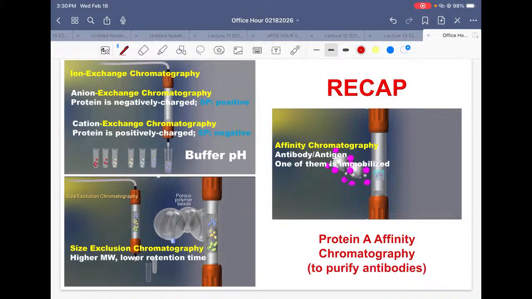The antibody has this Y shape, right? The shape of the antibody. And accidentally someone discovered that this protein A binds to this part of the antibody. So all antibodies have the same part in here. So all antibodies bind to it.